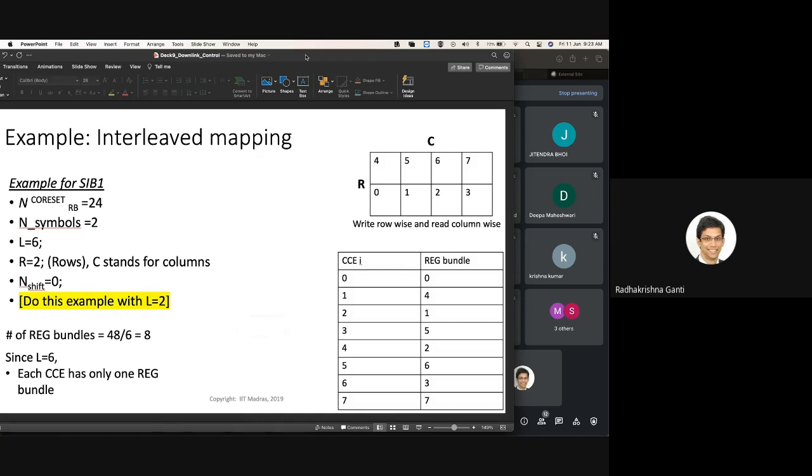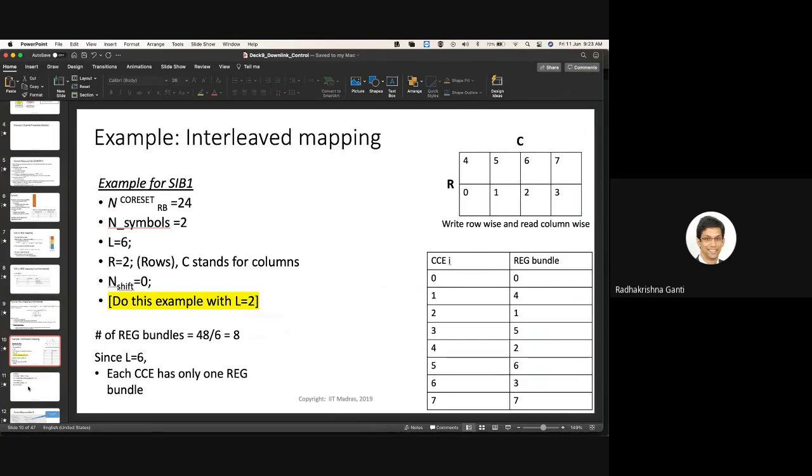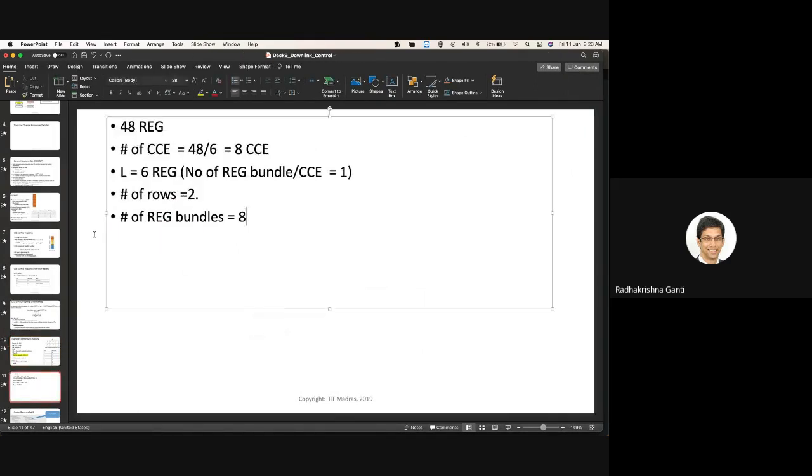Okay, let's do this example. So now suppose I do L is equal to 2. So the number of REG bundles per CCE is how many? Each bundle has 2 REGs, and a CCE has 6 REGs.